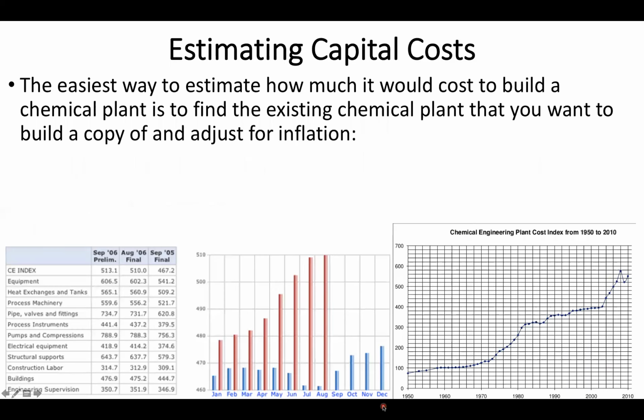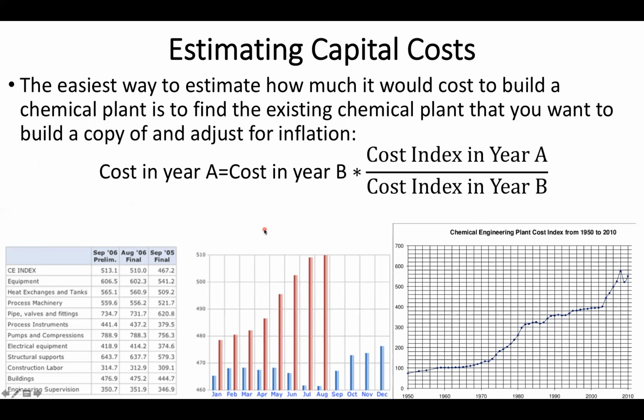So the easiest approach I can take is to try and find an existing chemical plant that somebody's already made and just make an exact copy of that and adjust for inflation. So one of the nice things about adjustment for inflation is, as many of you are aware, you do have to watch out for the fact that different fields, different parts of the economy will have different rates of inflation.